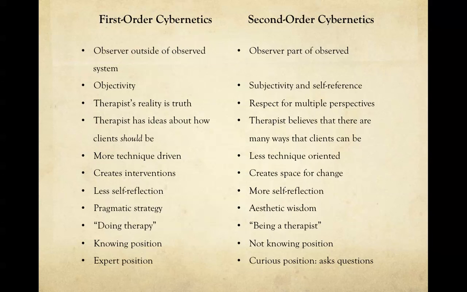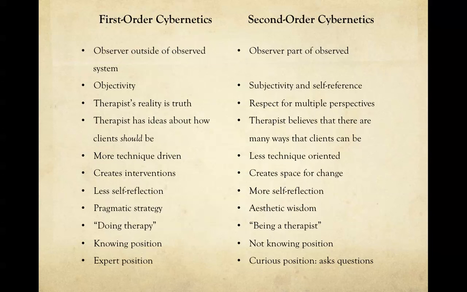What the therapist believes to be true or right is the truth with a capital T. A second-order cybernetician or therapist works with respect for multiple perspectives, recognizing the validity and relative truth of each perspective in the room, including his or her own, recognizing that his or her reality does not trump the reality of anybody else's in the room.